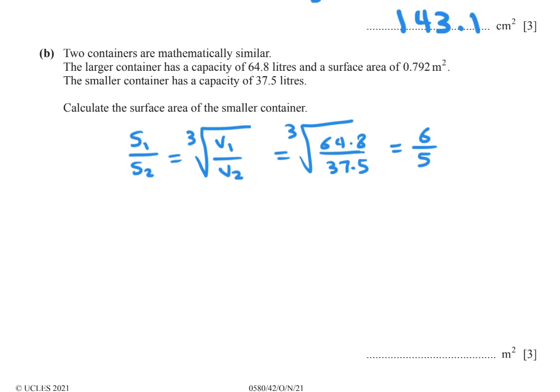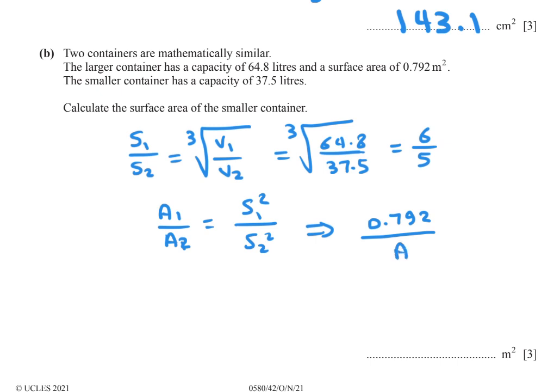Now the ratio between sides is 6 to 5, so area 1 over area 2 equals side 1 squared over side 2 squared. So 0.792, the area of the larger container, over area 2, the area of the smaller container, equals 6 squared over 5 squared.